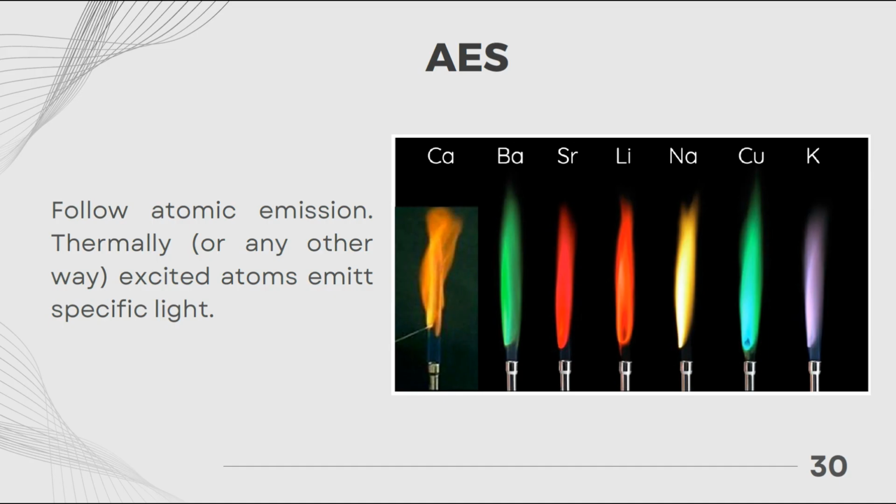And usually it is performed once again with a flame, and probably you have seen this very popular picture of flame colored with different elements. And actually it is the most primitive usage of AES.